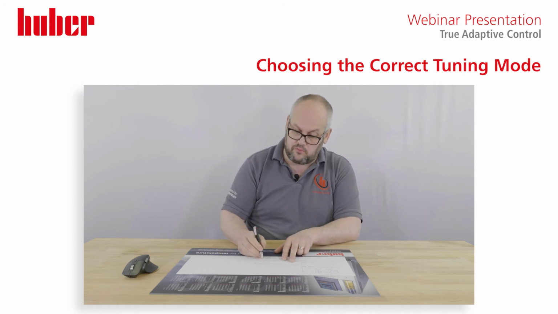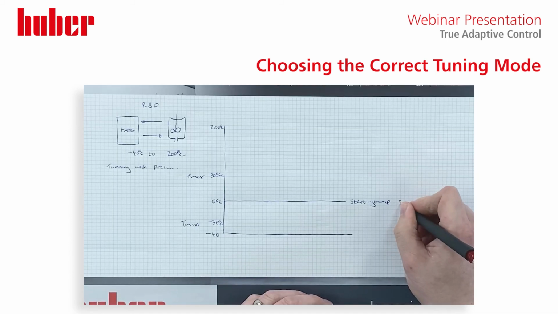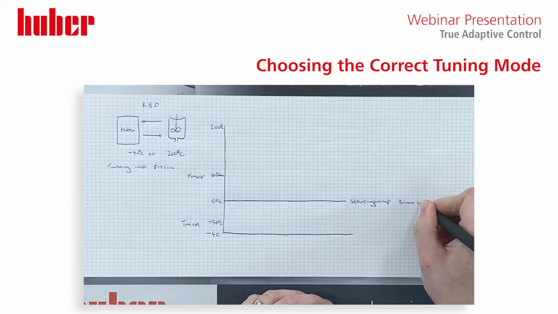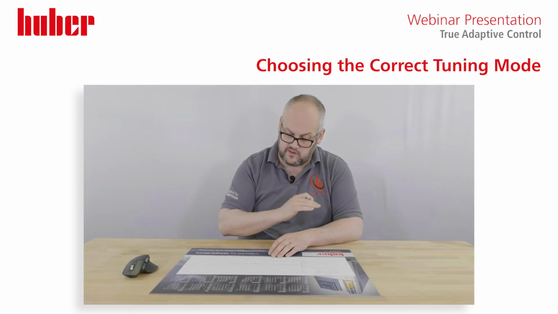So our starting temperature, before we start our preliminary testing, I would say allow 30 minutes to 1 hour at 0 degrees C, so that we've got a stable starting temperature.